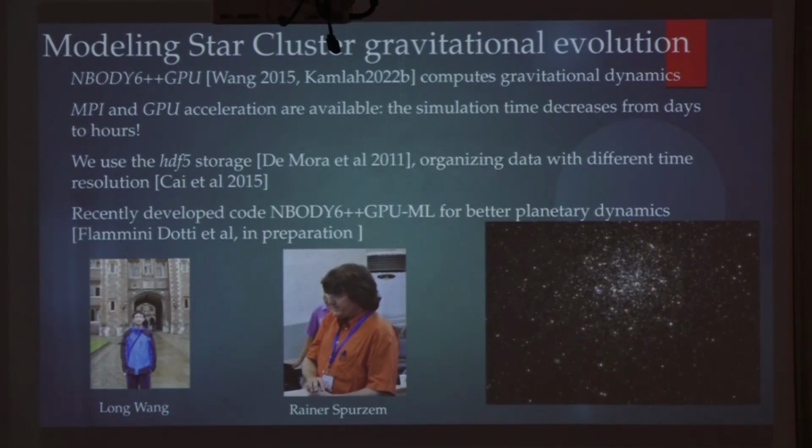The strong point of the code that I use is that it's very fast because it uses GPU and MPI acceleration, where the simulation time becomes very, very fast. And what's more, we also use HDF5 storage that organizes data in a multi-dimensional data structure.